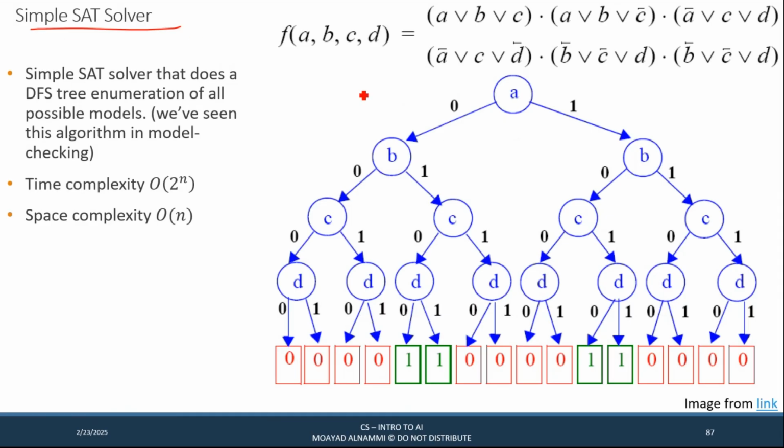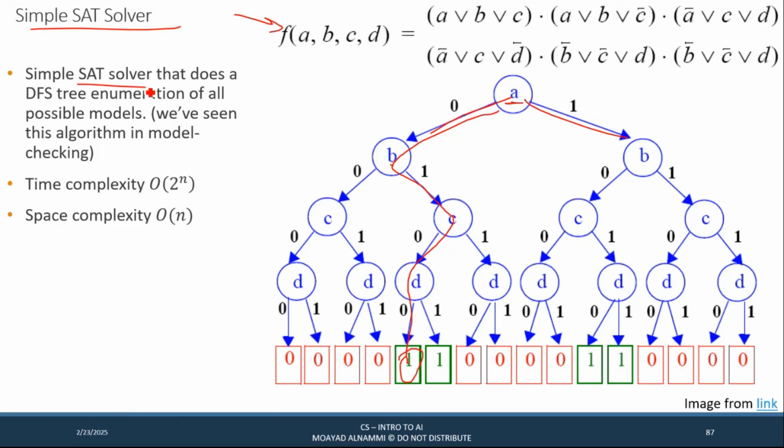So the simple SAT solver, this is what I mean. Imagine you had this Boolean formula. What you want to do is a tree enumeration of all possible assignments of the variables. We have 4 variables, A, B, C, and D. So pick a variable, assign it the 2 possible values, pick another variable, and do this in a depth first search manner up to the leaf where all variables have been assigned, and you evaluate the formula: do these variable assignments allow the formula to be true or false?